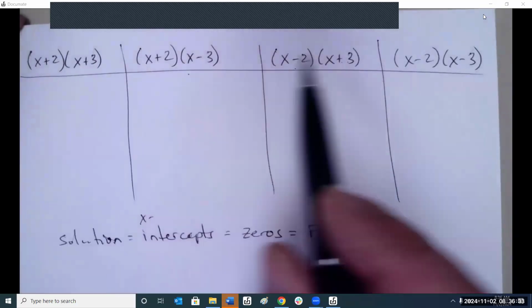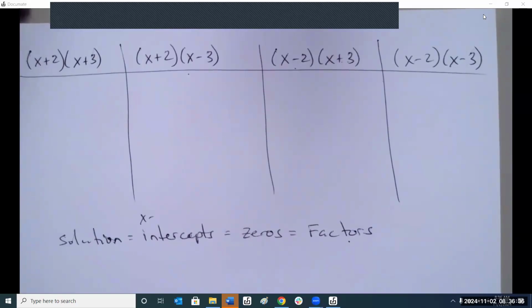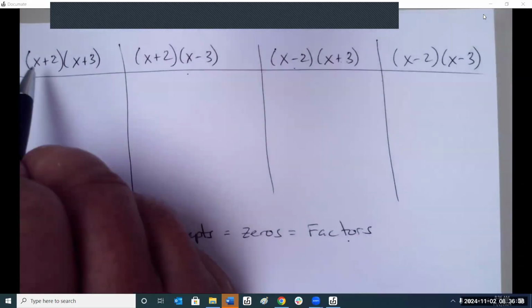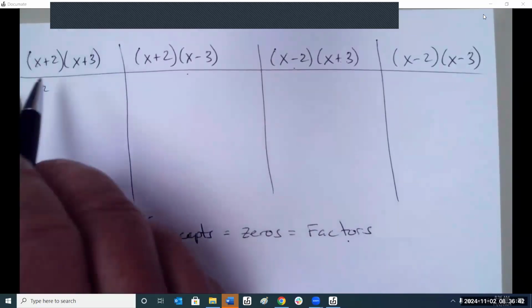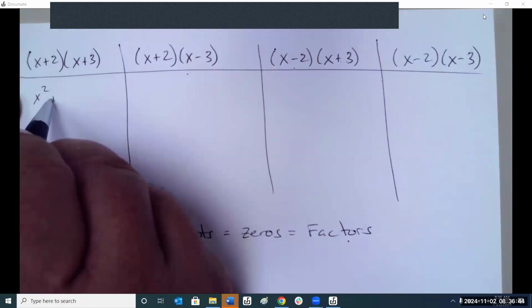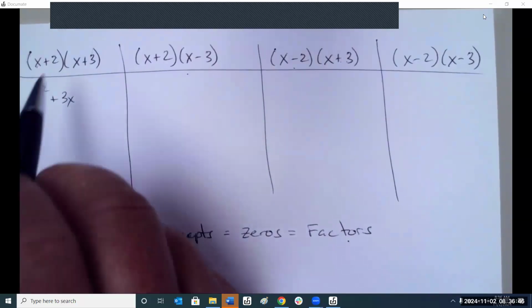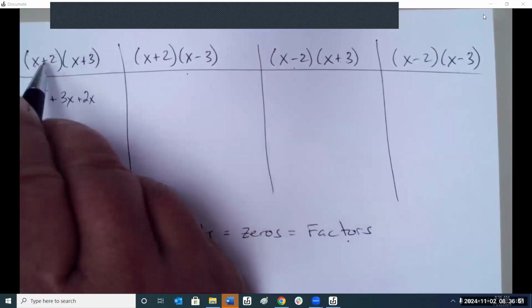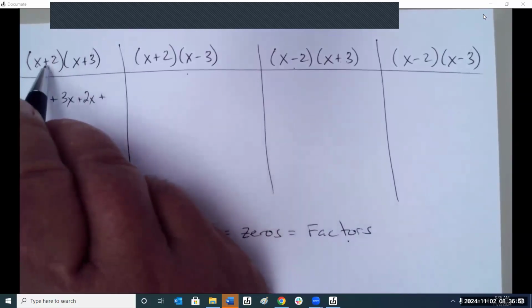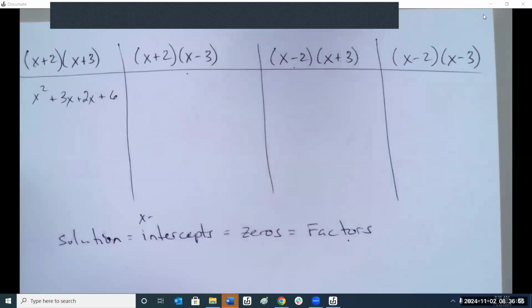So let's go ahead and multiply each of these together. So x times x gives us x squared. X times 3 gives us positive 3x. Positive times positive is a positive 2x. And then positive 2, positive 3 is positive 6.